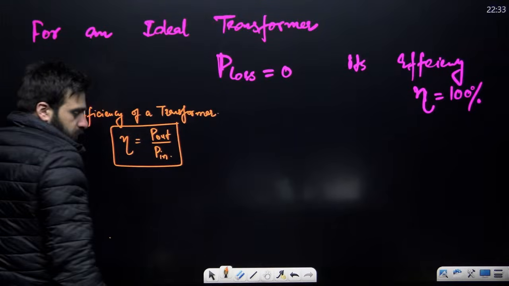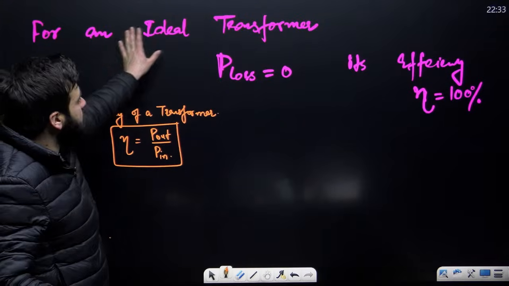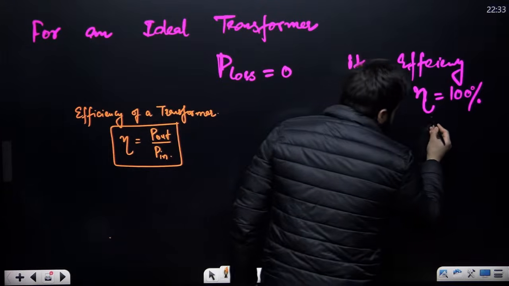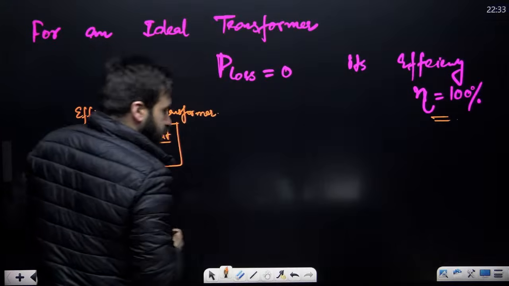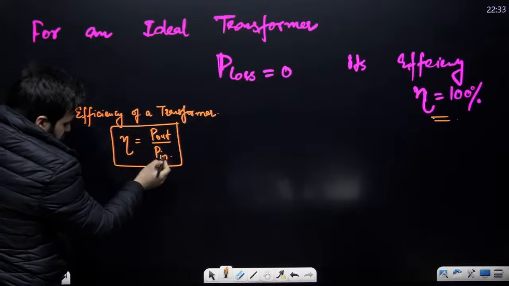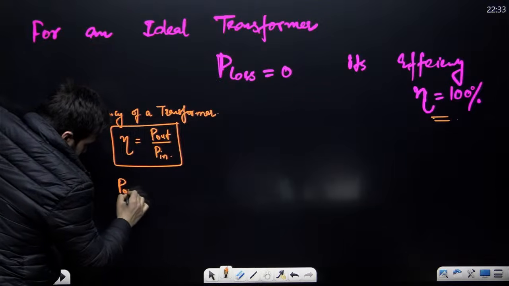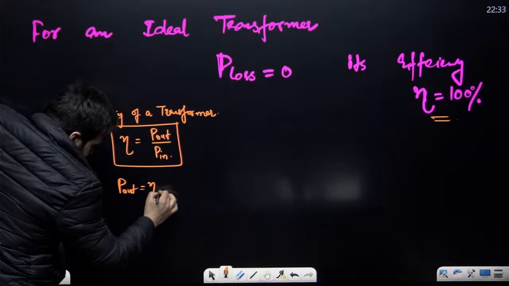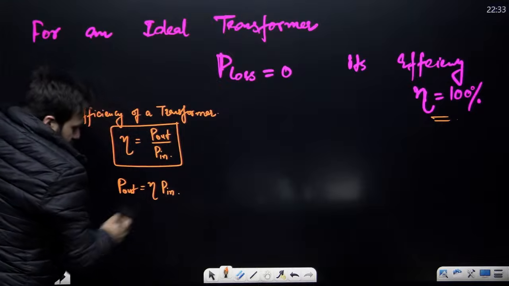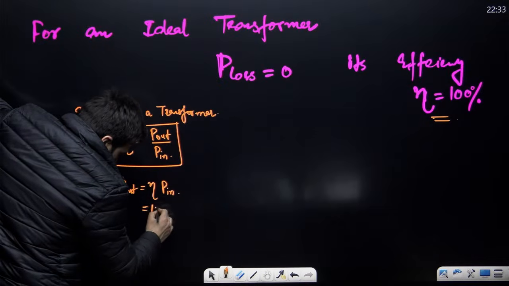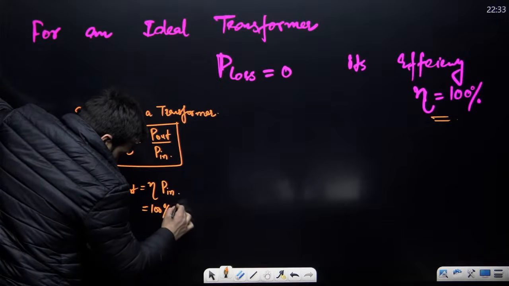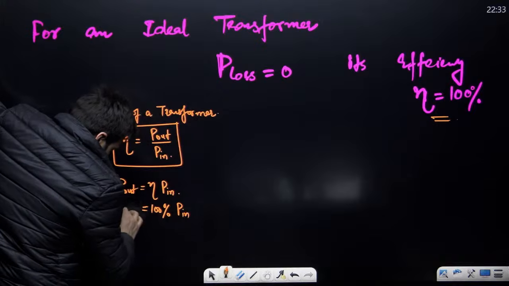Okay. Let's suppose for an ideal transformer, we say eta is 100%. Efficiency is 100%. Listen to me very carefully. What does that mean? Sir, output is eta times of input. If I say efficiency is 100%, it means 100% of input power will be power output.